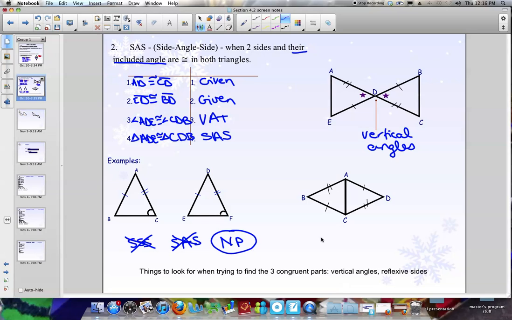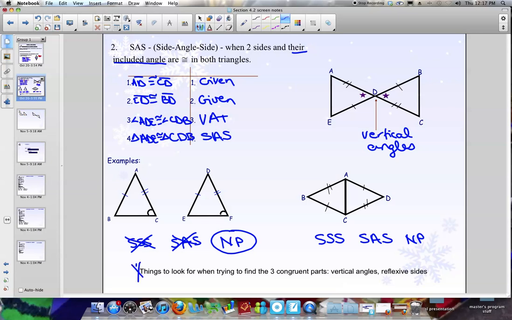Second example, again, my options are side, side, side, side angle side, or not possible. I'm given two pairs of sides. I'm not given a third piece. So I have to look for a pair that is congruent.